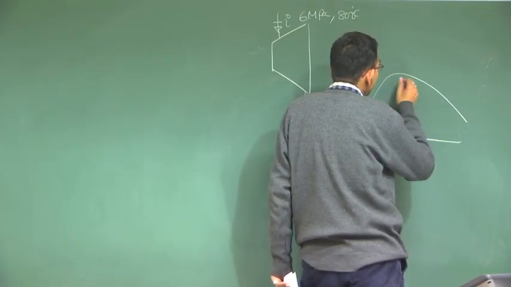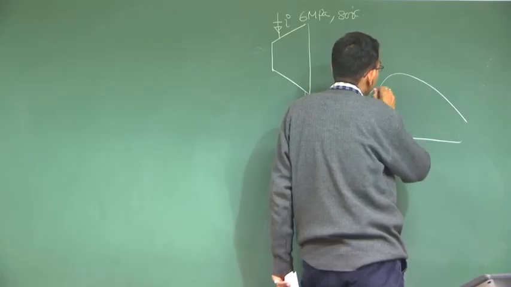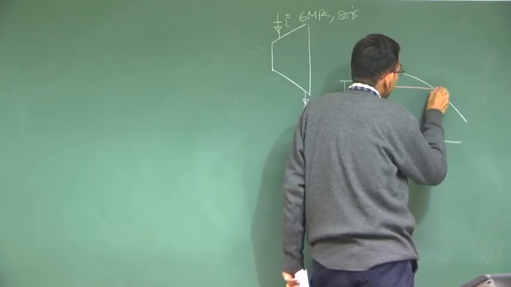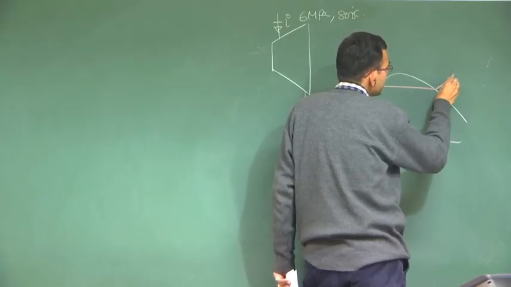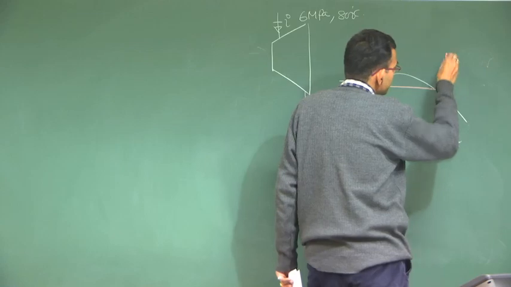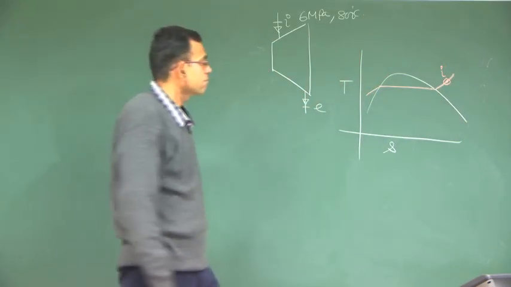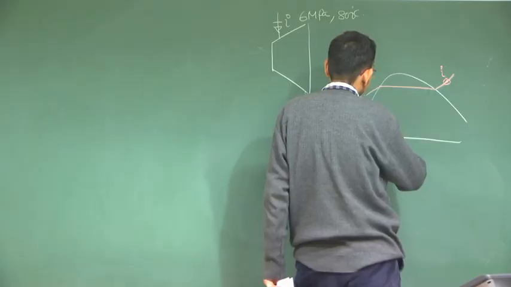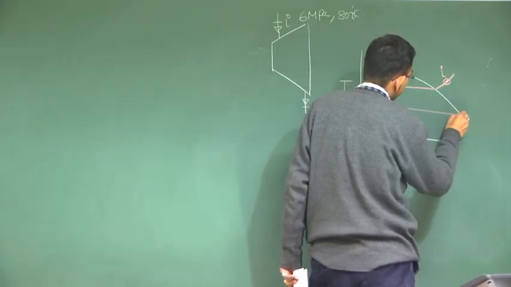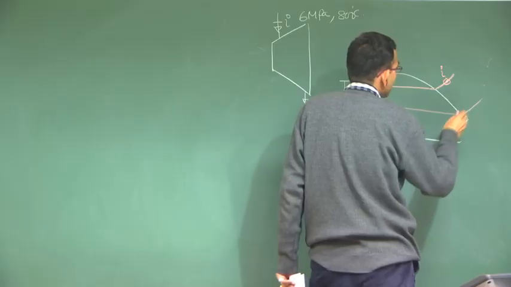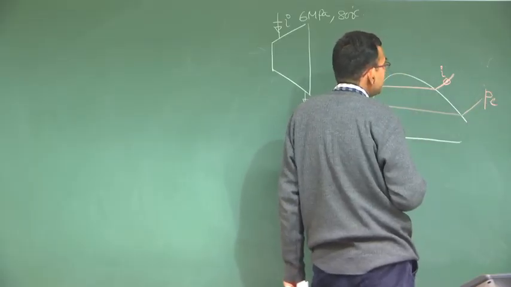In one you have a pressure at which the steam enters the turbine, this is say given by Pi, and the pressure at which the steam exits from the turbine.